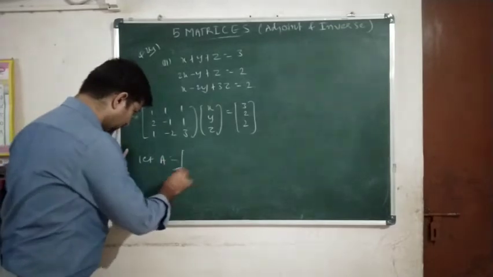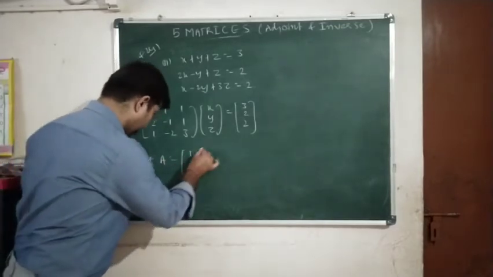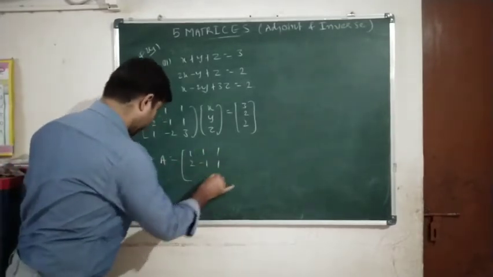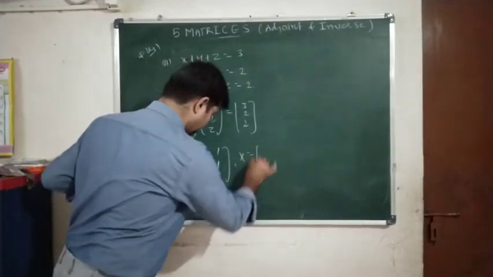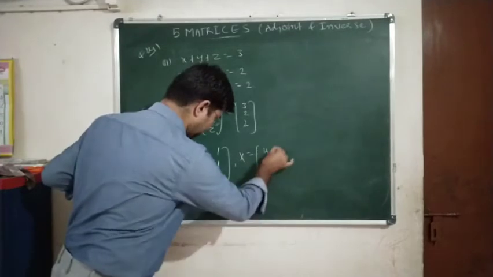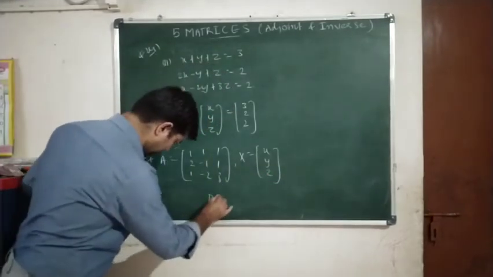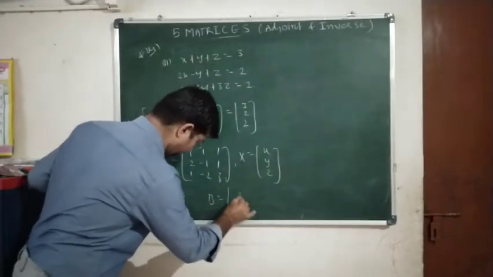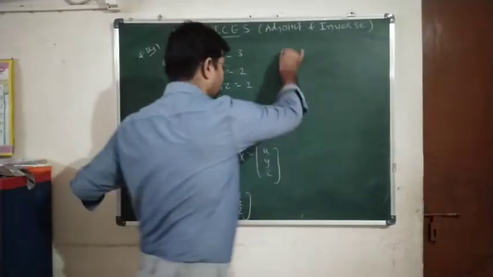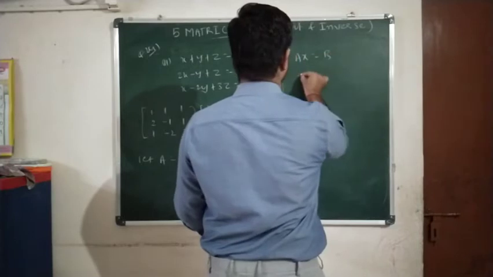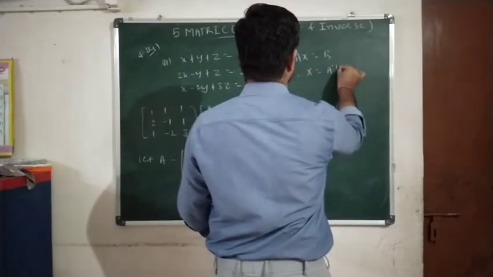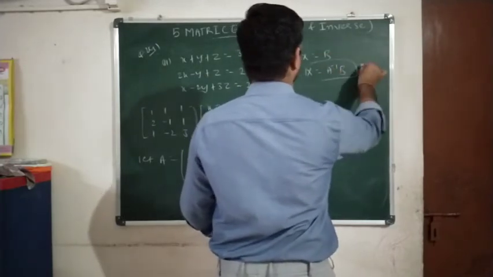The first matrix we will name matrix A. X is the column matrix involving x, y, z, and B is the column matrix involving 3, 2, 2. Now AX is equal to B, and therefore X is equal to A inverse B.